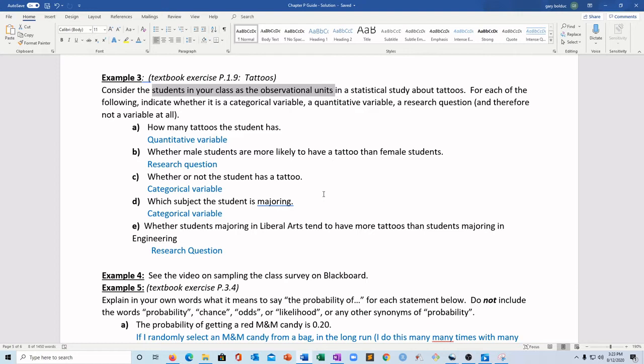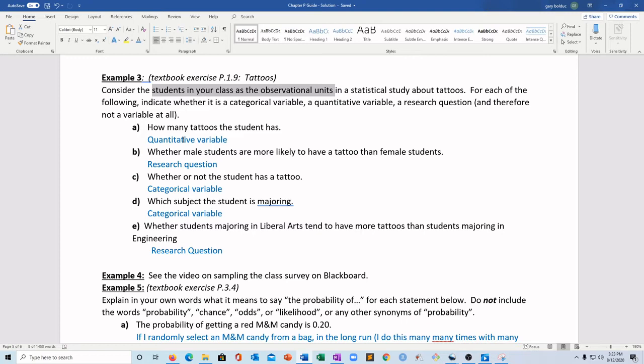So let's ask ourselves, how many tattoos does a student have? That is a piece of information I grabbed from a student. So we should feel comfortable with that being a variable. And some of these keywords you can look for, how many being a number, I can count it, so that's quantitative.